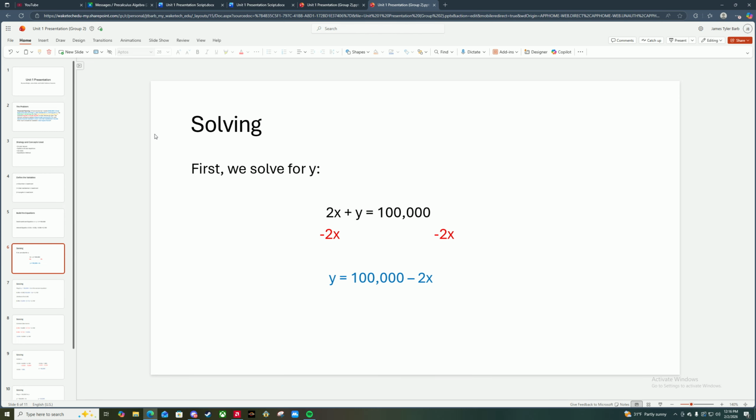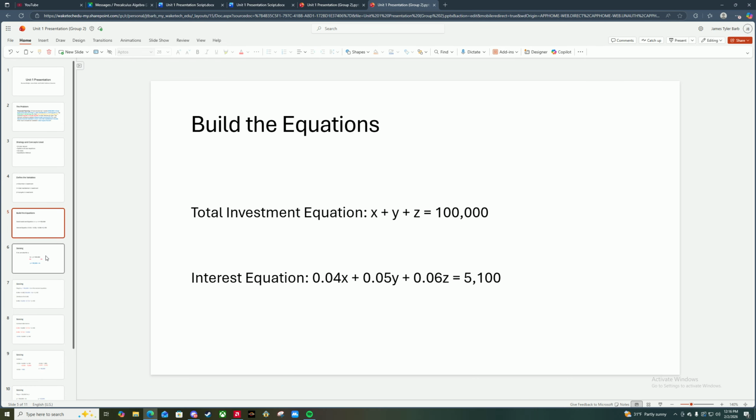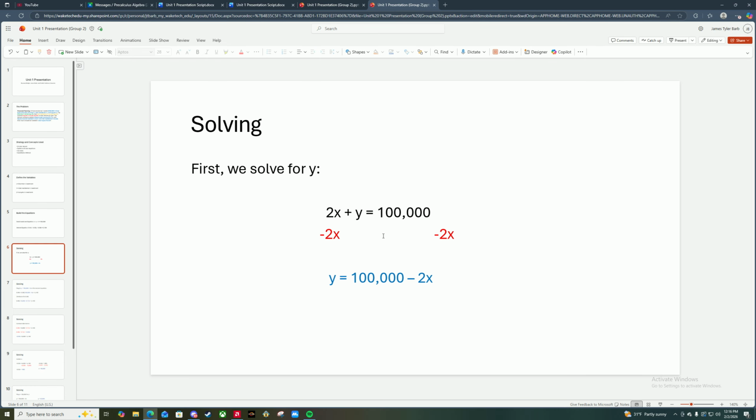All right, now let's first solve for y. We have 2x plus y equals 100,000. The reason it is 2x plus y equals 100,000 is because going back to the problem, it says that it wants our short-term and our intermediate term bonds to have the same amount of principal investment, meaning that whatever those two combined, minus 100,000, is what y is equal to.